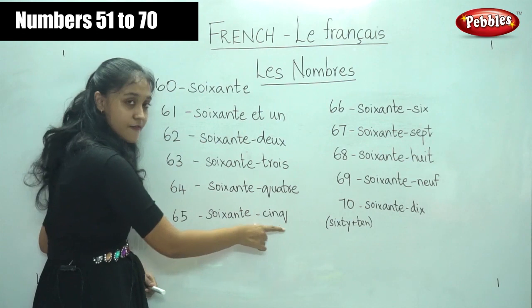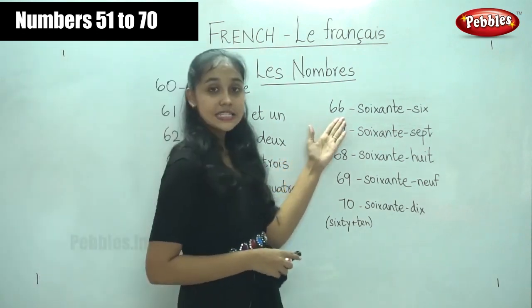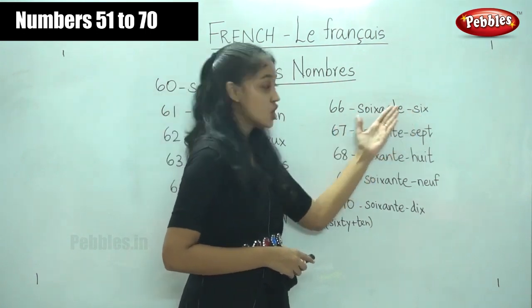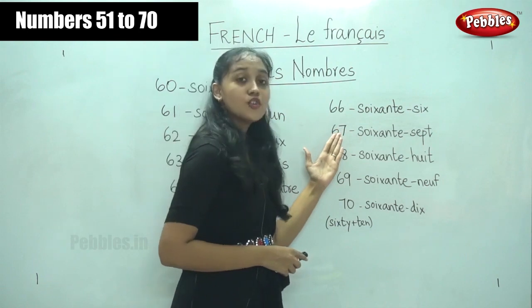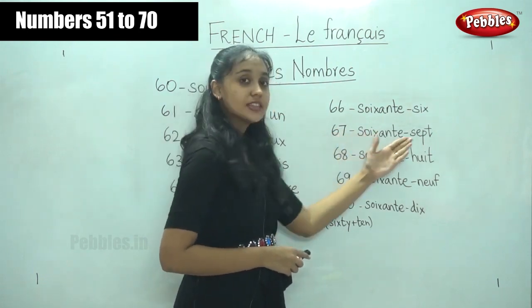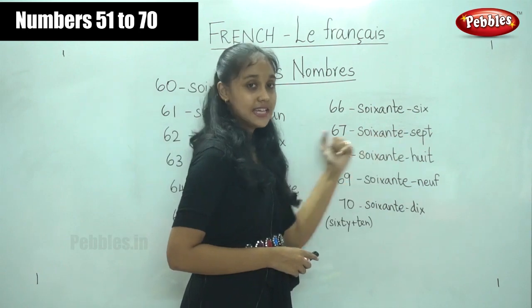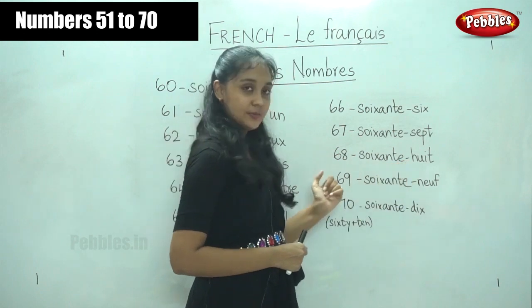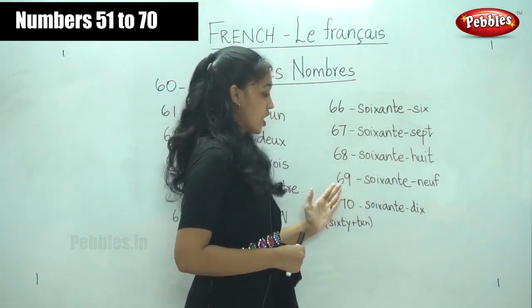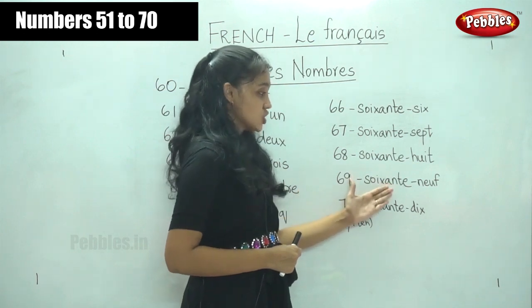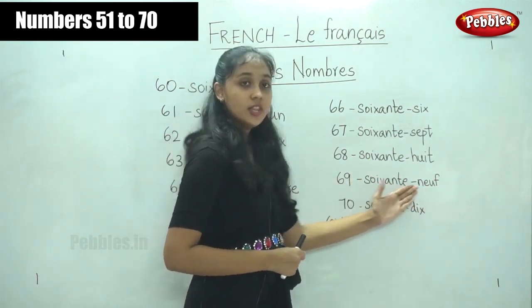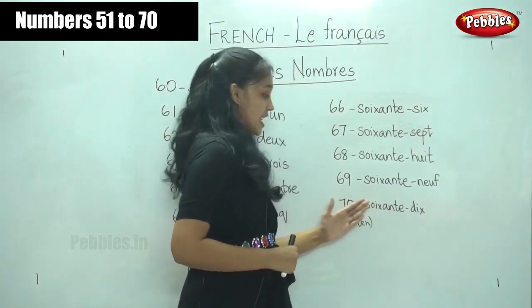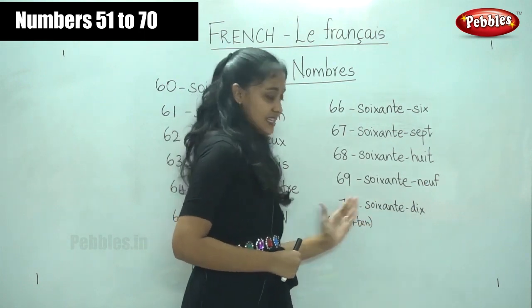Next, for number 66, 66. For 67 it is 67. For 68 we say 68. For 69 it is 69. And for 70 it is 60 and 10. 70.